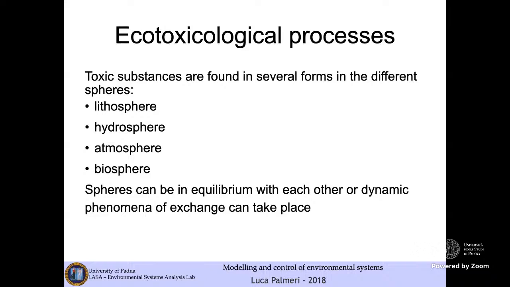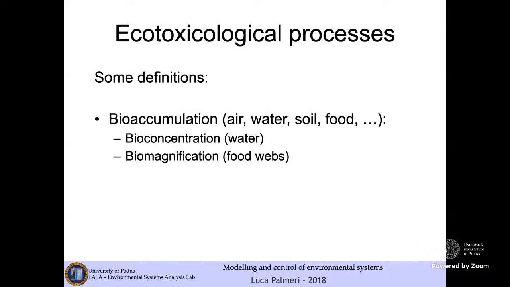And we said that the Henry law constants are numbers or figures or constants that describe characteristics of the different toxic substances. Today we will deal mainly with exchanges with the biosphere.